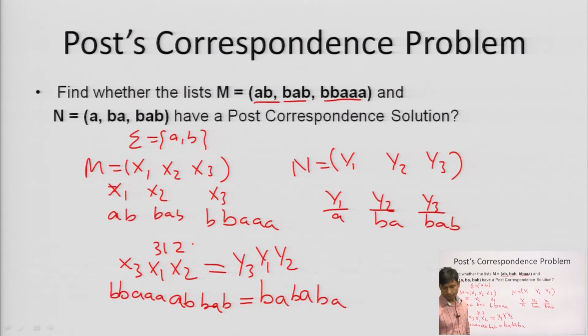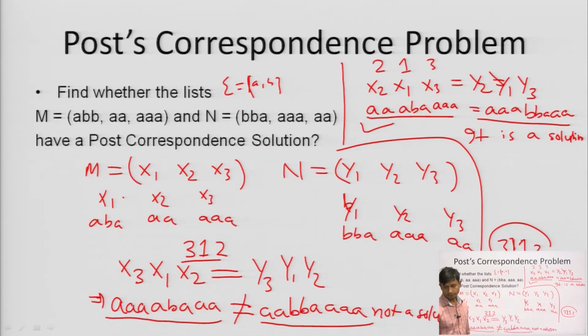Now see the previous example. What was there? See the length. The M length is 3, 2, 5, 3, 8, and the N length is 3, 3, 2, 6, 2, 8. The length is the very important part. The lengths are equal there, and that is why we will find a solution.